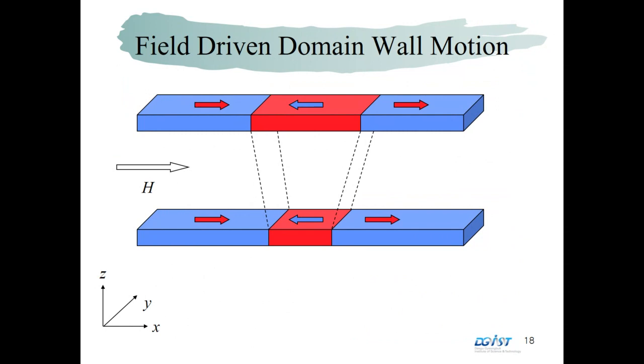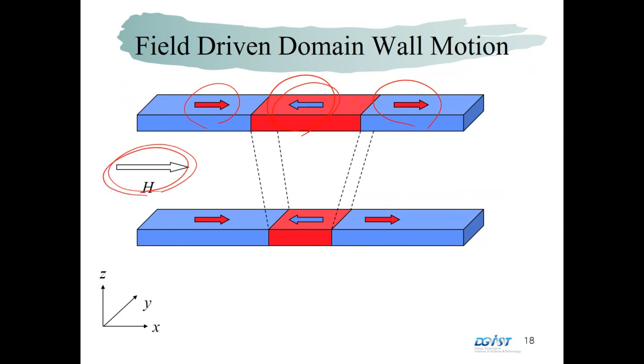So far, we are talking about field-driven domain wall motion. But as you see here, if we apply the field, the parallel domain is getting larger, and the opposite domain is shrinking down. So actually, we want to make a domain wall device, by moving the domain walls in the same direction.